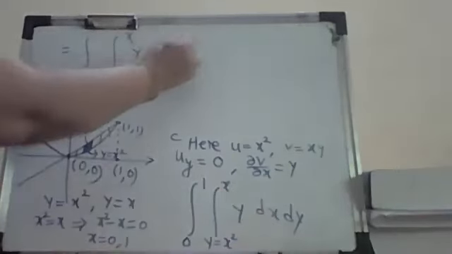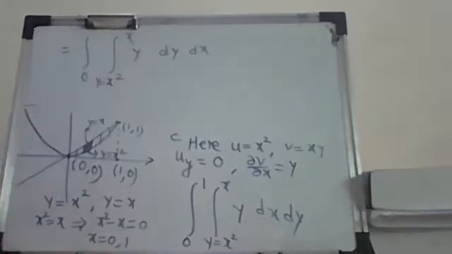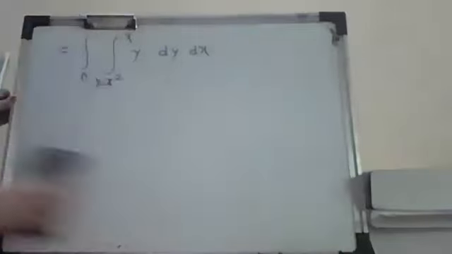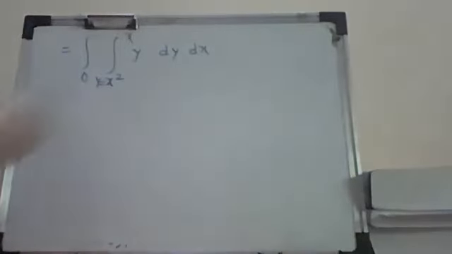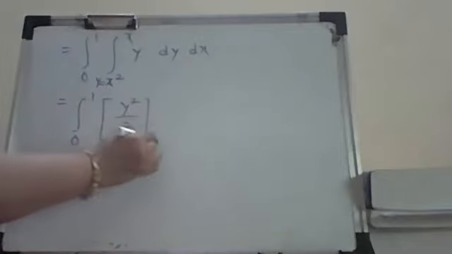So I just make a little change in the writing part. Okay, so now you just integrate this part. You can write this as integral 0 to 1. Integral of y is what? y square by 2. And this is from x square to x, dx.